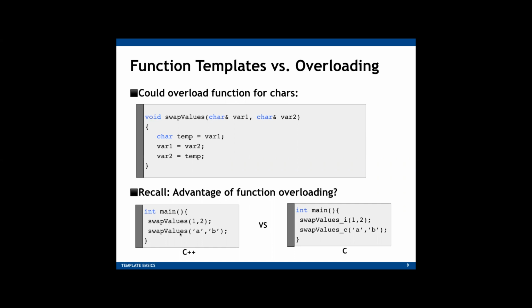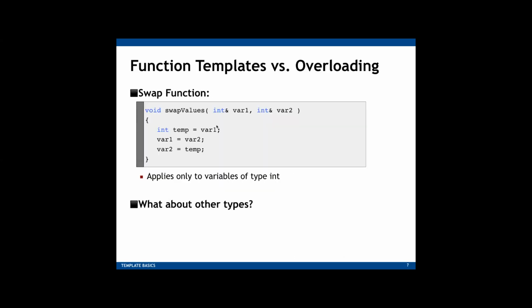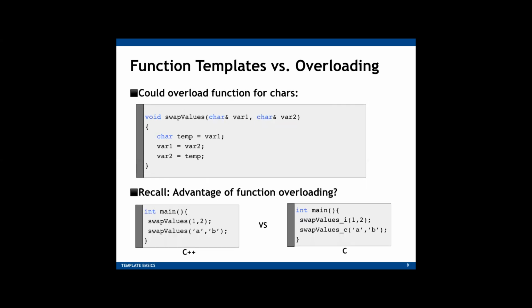And we can also call this swap values function using character type values A and B because we overloaded these functions. Here it is char, and previously this one was int. So we can use the swap values functions for int type arguments and character type arguments.